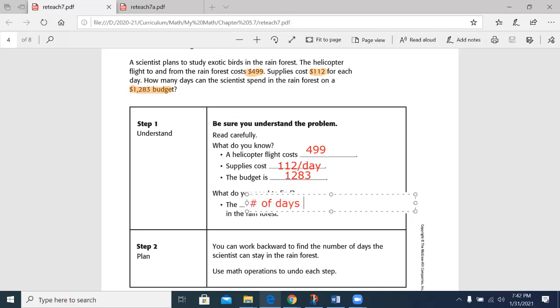Number of days in the rainforest. I'm going to clear the screen if you have that written in.